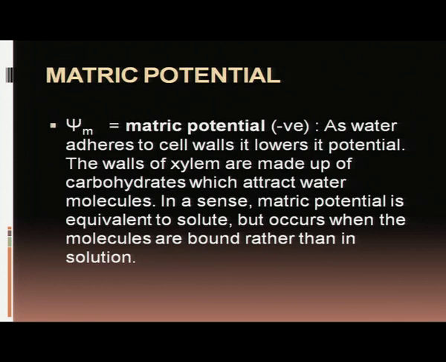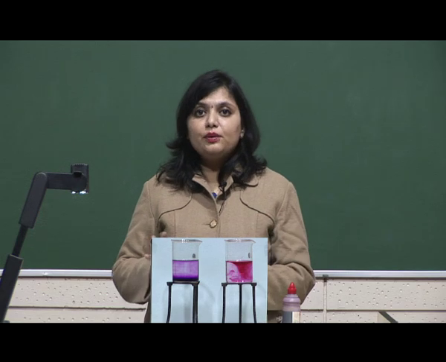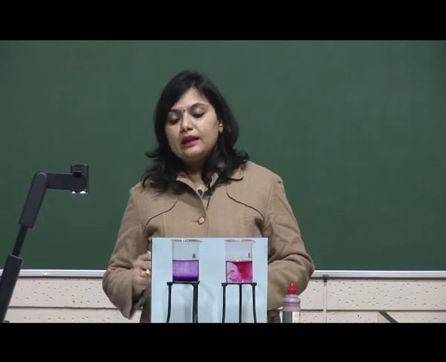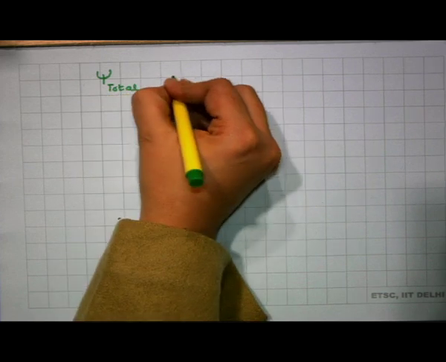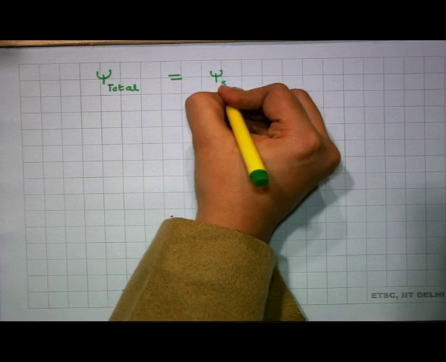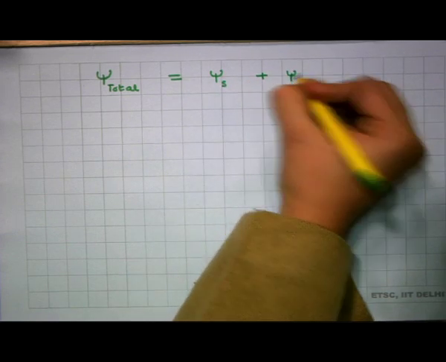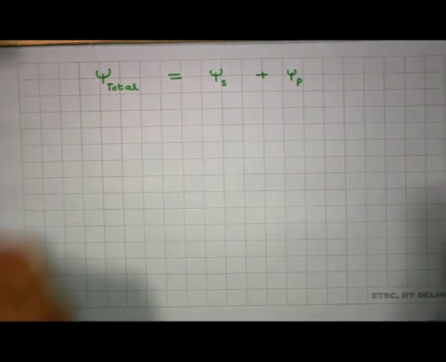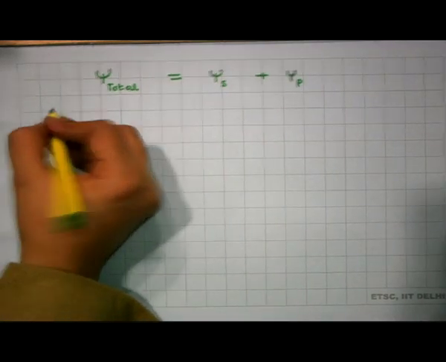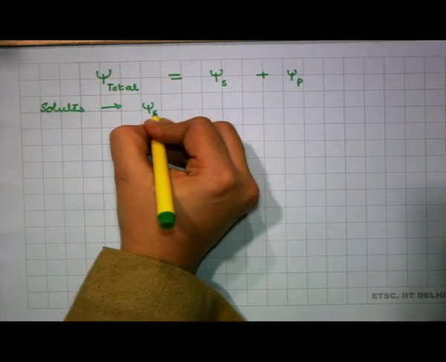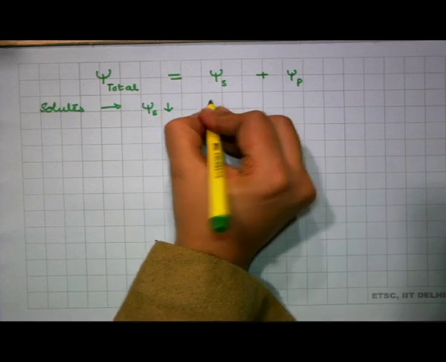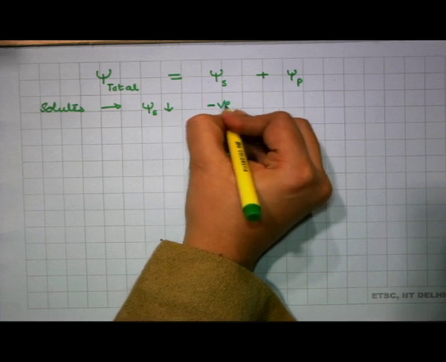What we need to remember is that for the sake of simplicity, we will ignore the matric potential and gravitational potential for a while, and we will talk about only the solute potential. So, the water potential of a system, that is psi total, is the sum of solute potential and the pressure potential. This is one thing that we have to remember. Secondly, because of addition of solutes, the solute potential is lowered. So, that means solute potential will have a negative effect.